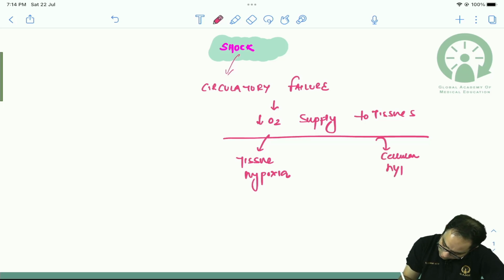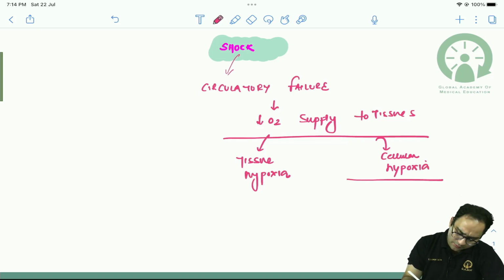So you have the tissue hypoxia and the cellular hypoxia, and it's a very important condition.